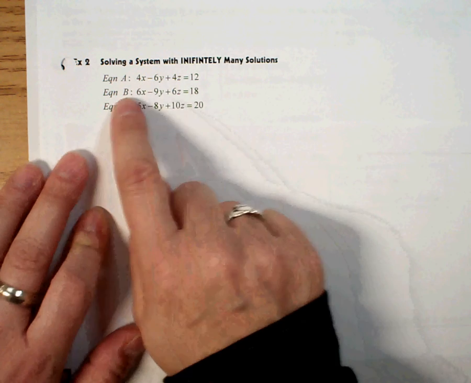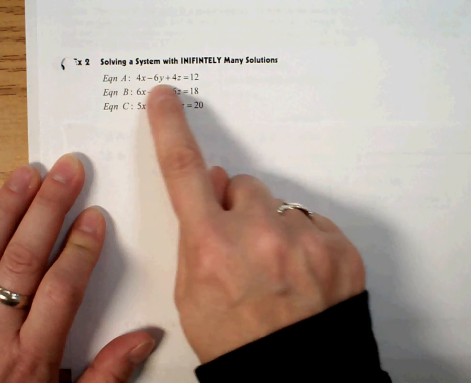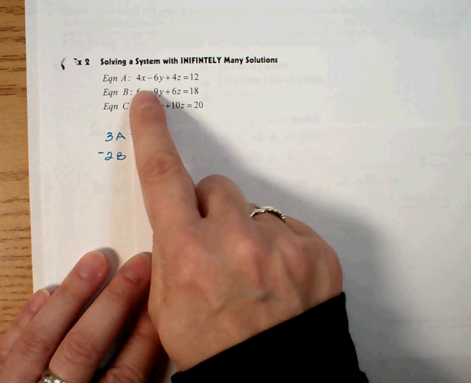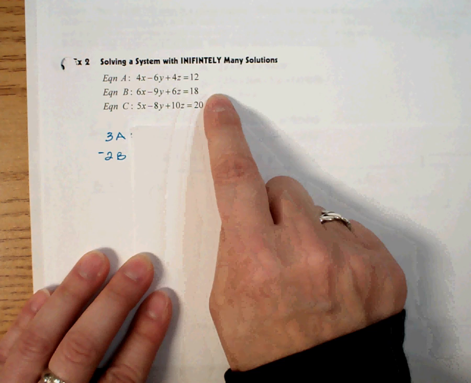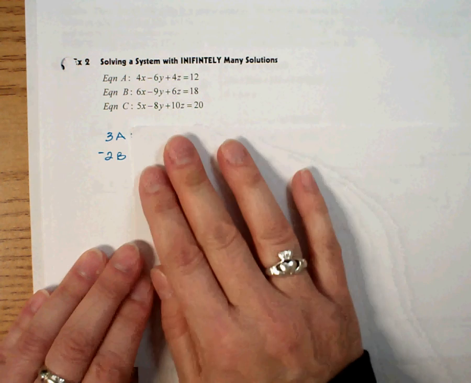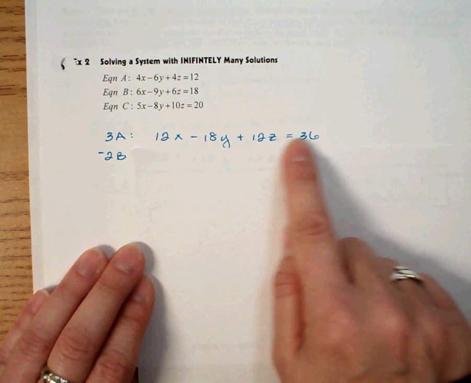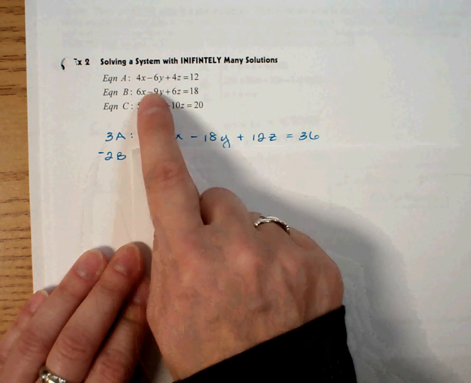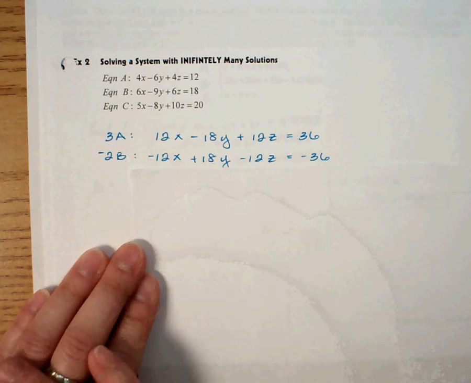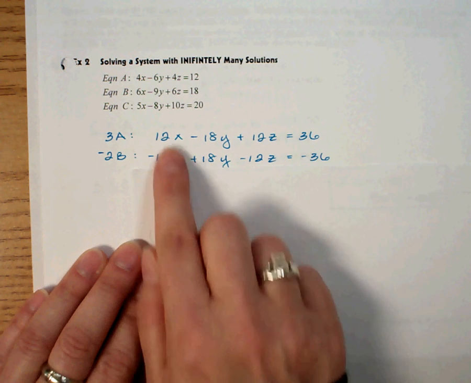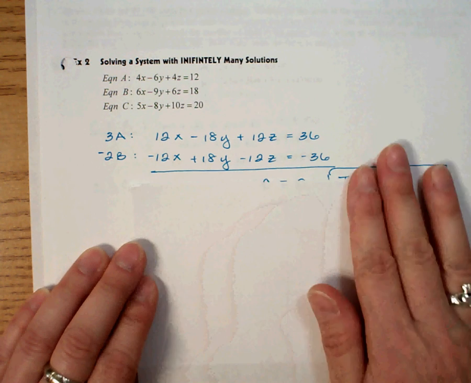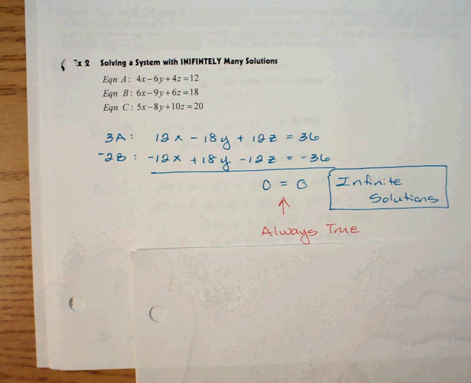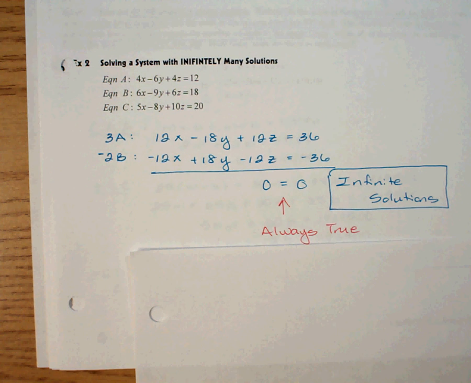So I'm going to take 3 times the entire first equation and a negative 2 times my entire equation B. When I distribute my 3, this is my resulting equation. When I distribute negative 2 to equation B, this is my resulting equation. Add them together, and we get 0 equals 0, which we understand is always true, thus an infinite number of solutions.